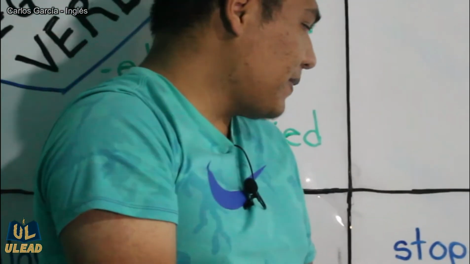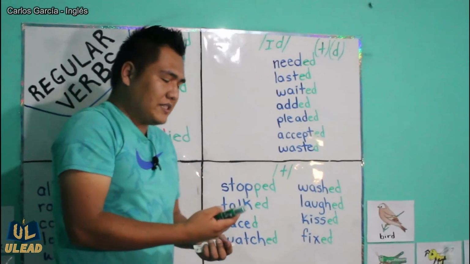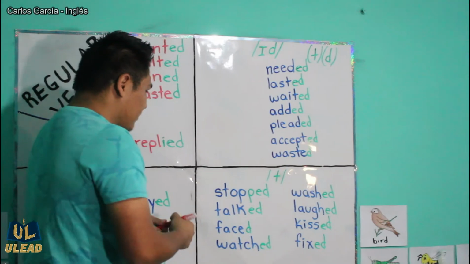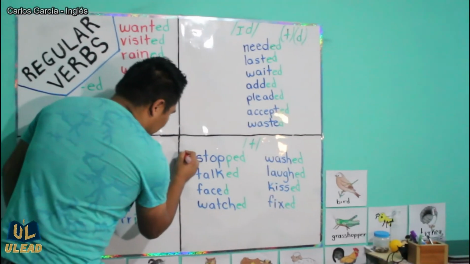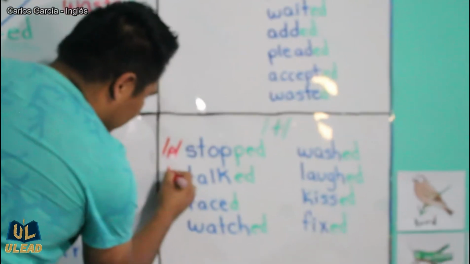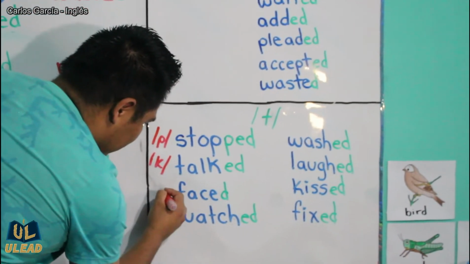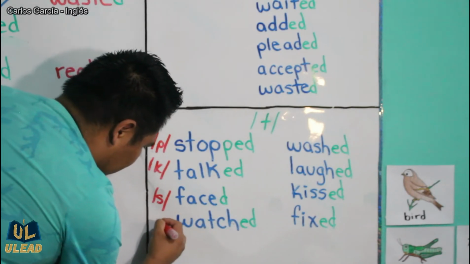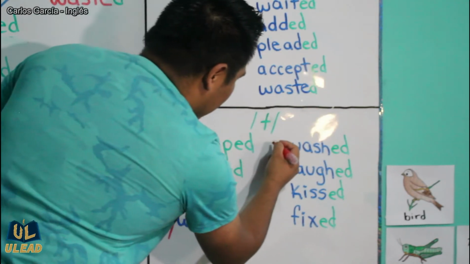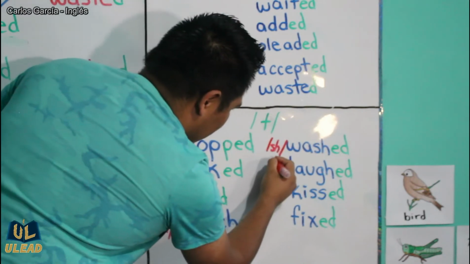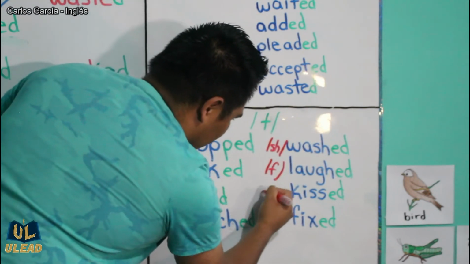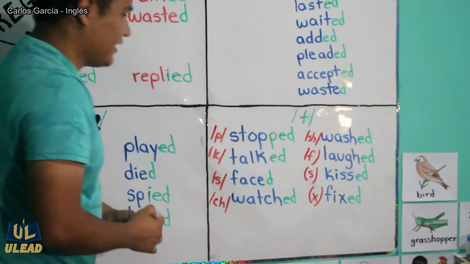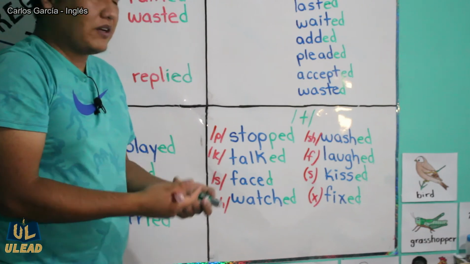All right, so one way you can identify when to pronounce this sound is, for example, when the verb ends in the p sound, in the k sound, in the s sound, like face, faced. Okay, in the ch sound, in the sh sound, in the f sound, again, s and x, this. Okay, that is one way to identify when to pronounce it like this.